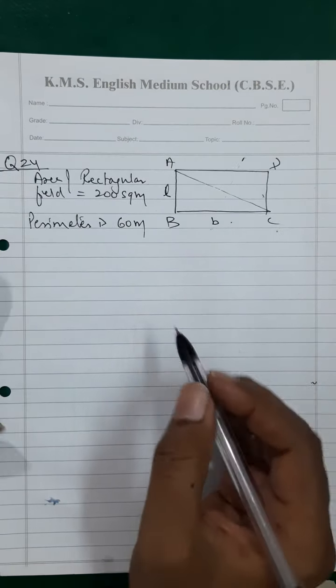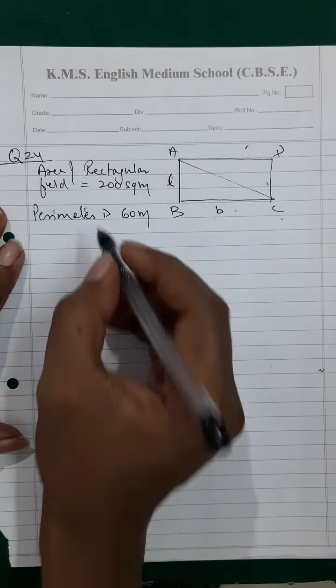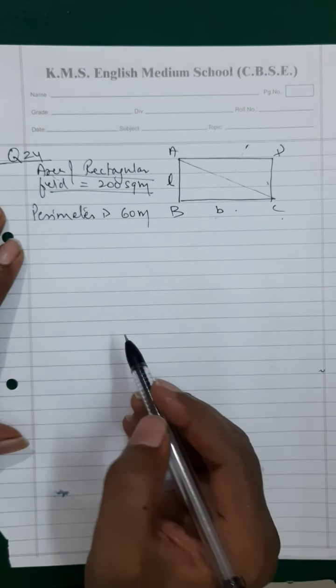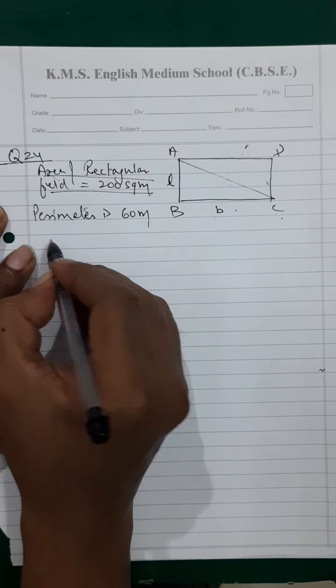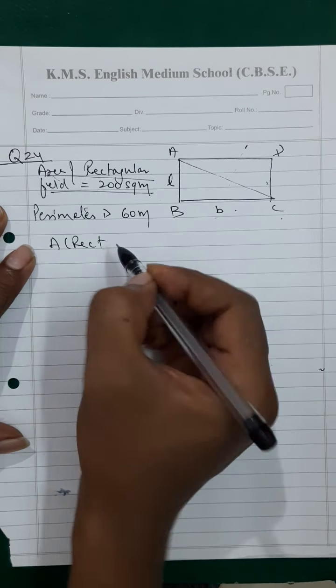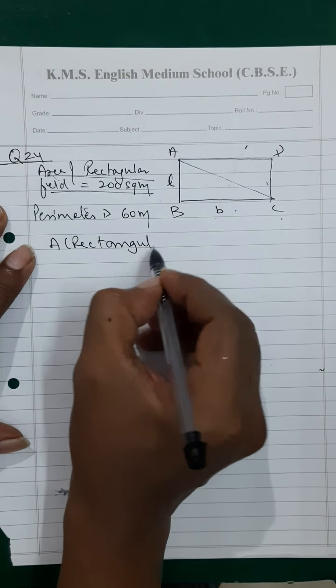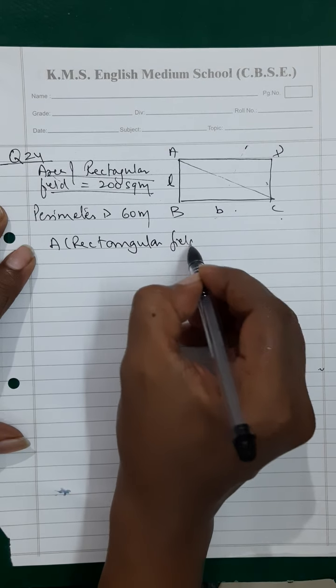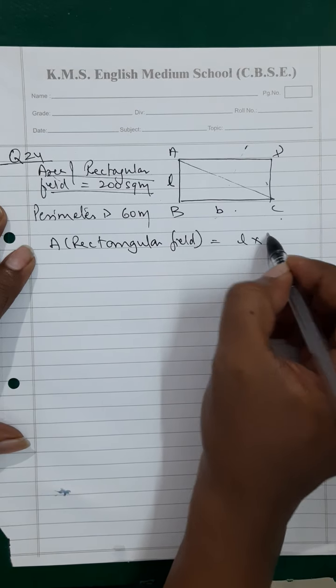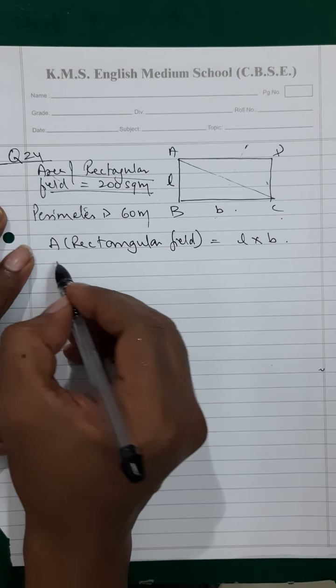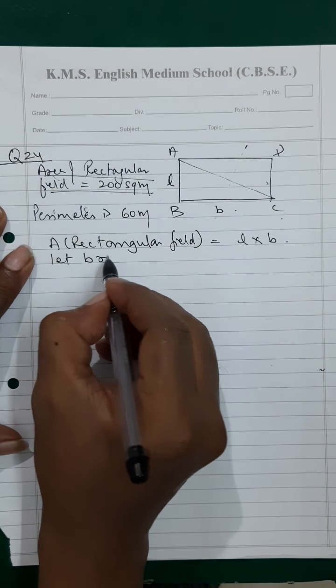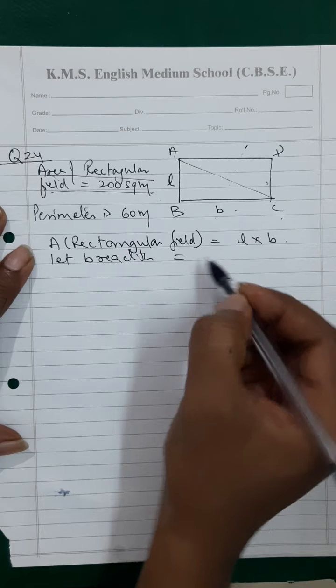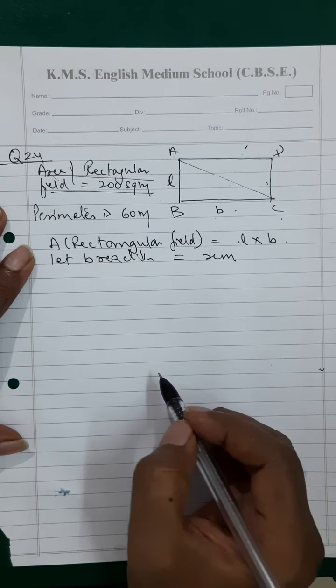Fine. So here you can tell, see, they have given area is equal to 200 square meter. The area of a rectangular field is equal to length into breadth. So I can consider let breadth be equal to x meter.